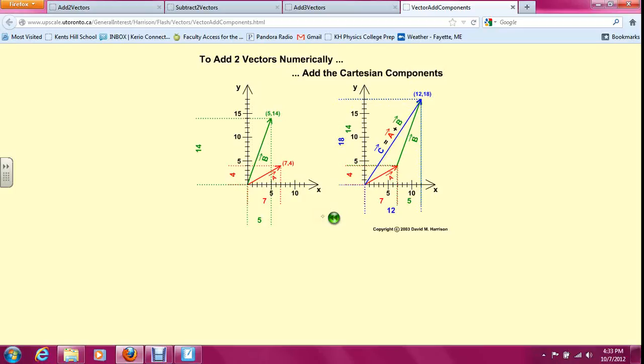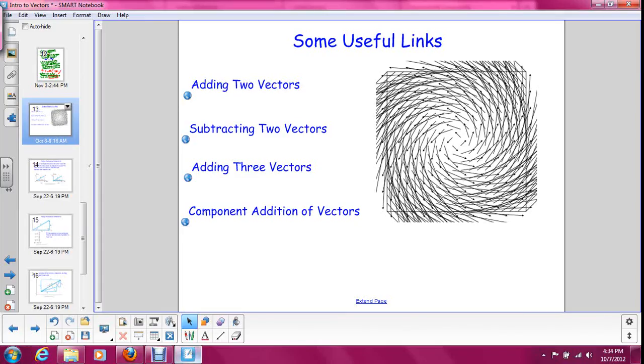So overall, your C has an x component of 12, and that's because A had an x component of 7, and you add the x component of B, which is 5, and 7 plus 5 is 12. And the same with the y.